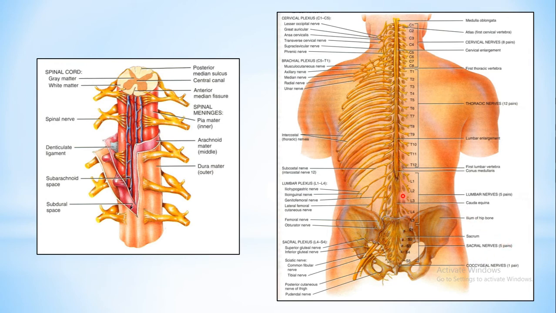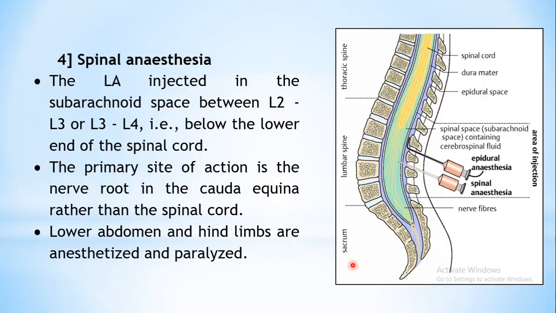So here in this region between L2 and L3 or L3 and L4, here is your injection which you are giving in the subarachnoid space. Whichever nerve roots are passing through this cauda equina, all those nerve roots will take up your local anesthetic, and wherever those nerves are supplying, all those areas will get anesthetized.